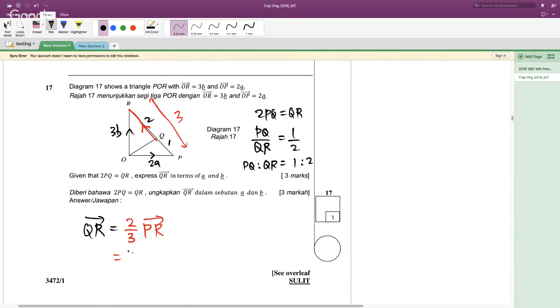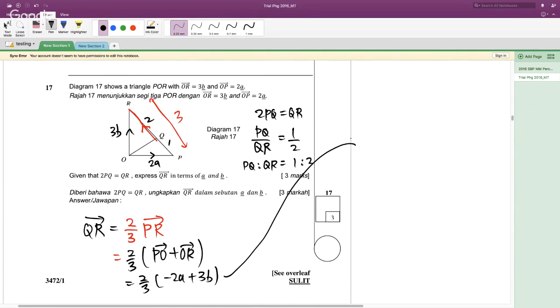This is 2 over 3. And then PR equals PO plus OR. PO equals -2a, OR equals plus 3b. Then you just multiply, and you should be able to get the correct answer. So it should be -4/3 a plus 2b. Okay, this is how we get QR.